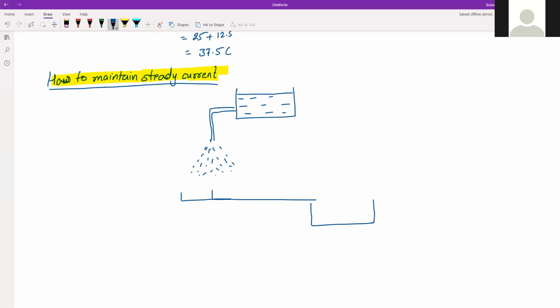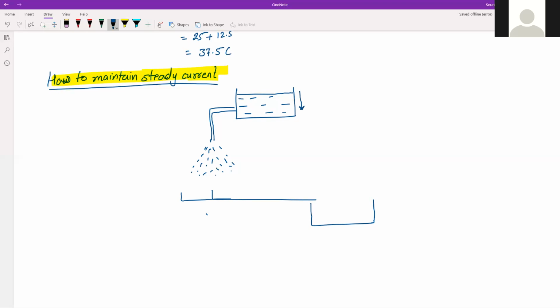I'll have to make an arrangement. What will happen here is that it will keep on getting empty, and once it reaches this level, the flow of this fountain will actually stop. So in order to make the flow of water continuous or steady, we have to do something.